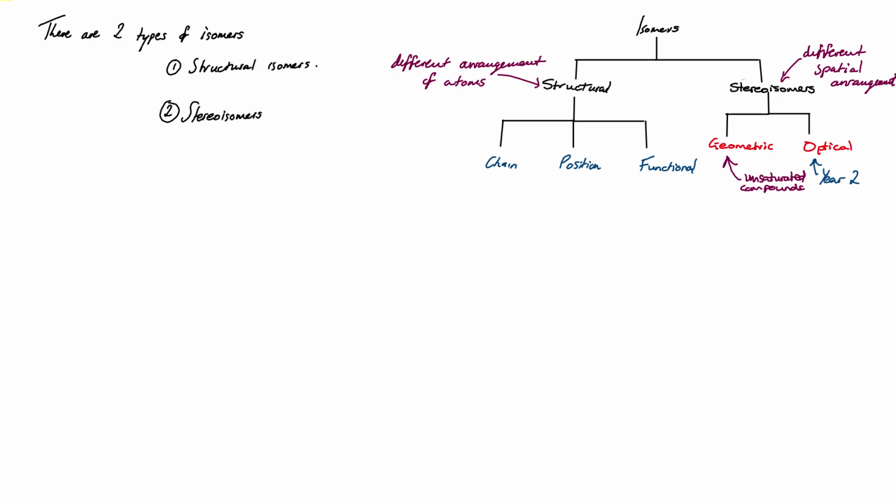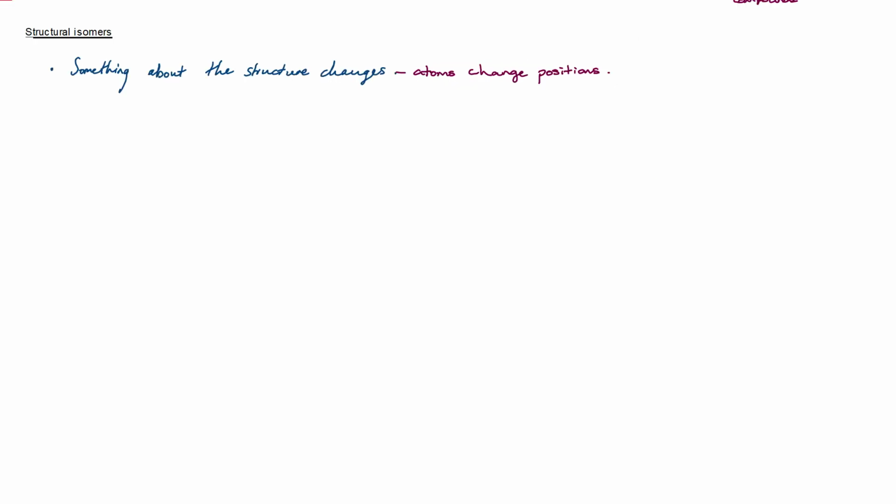Structural isomers means something about the structure changes, i.e., as I've mentioned, the atoms change positions. We have three types: chain, positional, and functional group isomers. And we're going to look at examples of each of these.